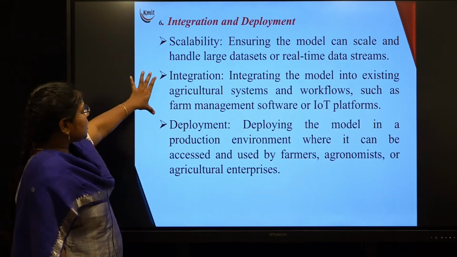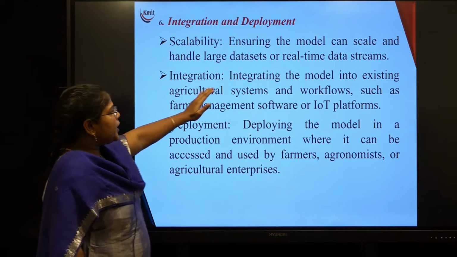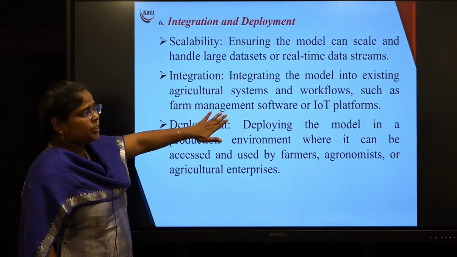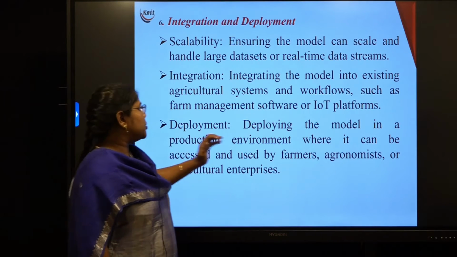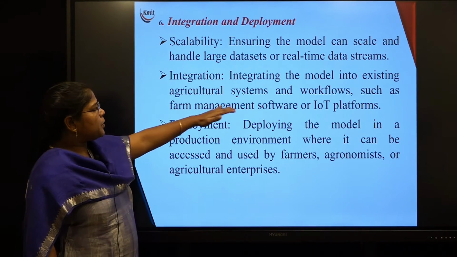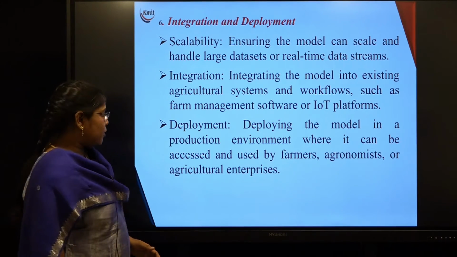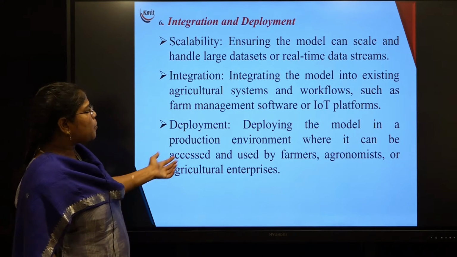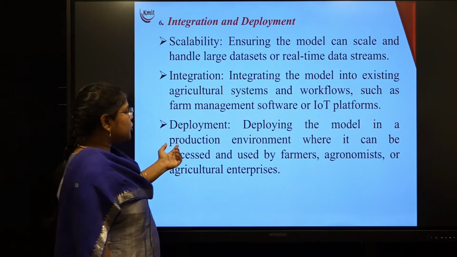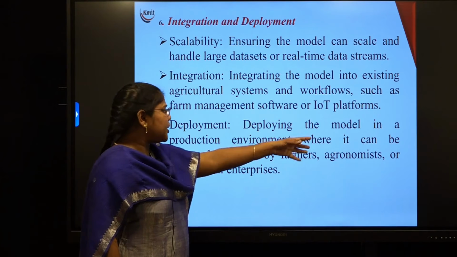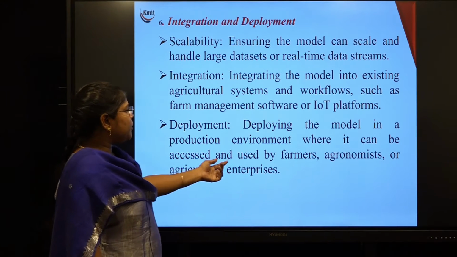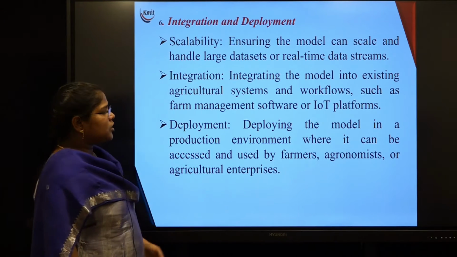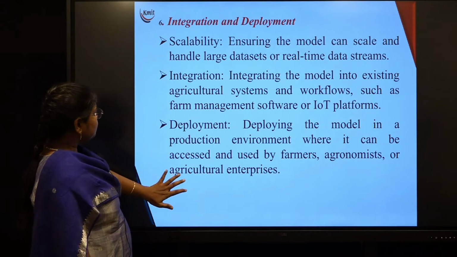Next is integration, integrating the model into existing agriculture systems and workflows, such as farm management software or IoT platforms. Next, deployment: deploying the model into a production environment where it can be accessed and used by farmers, agronomists and also agriculture enterprises.